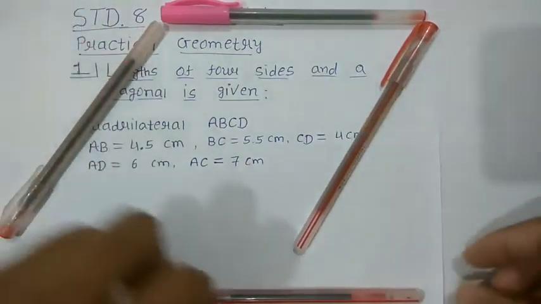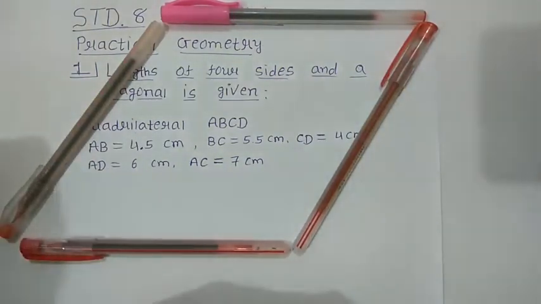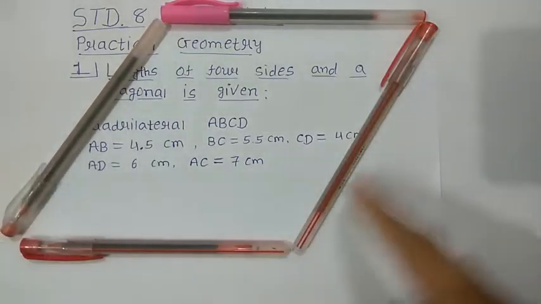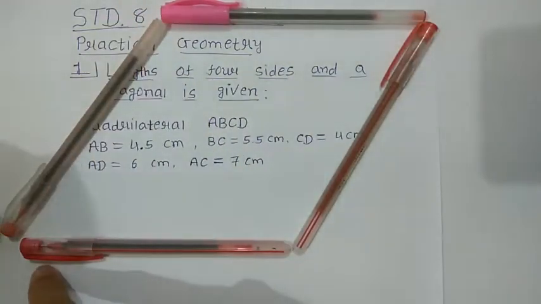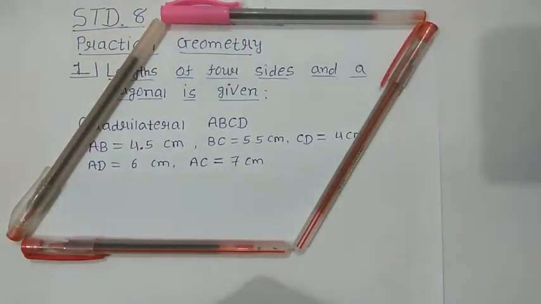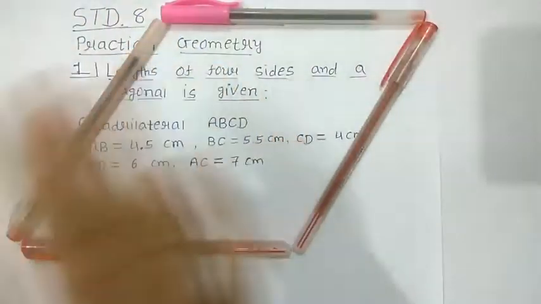See, if we draw this quadrilateral in this way, then again all the four sides are equal. So this shape is now different from the square. This is the rhombus.